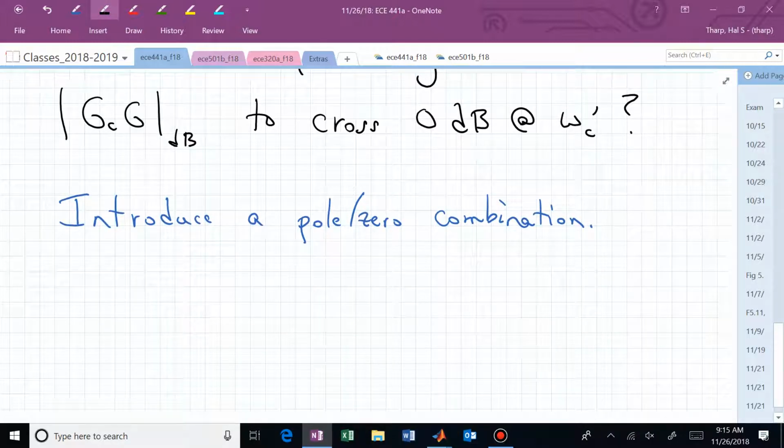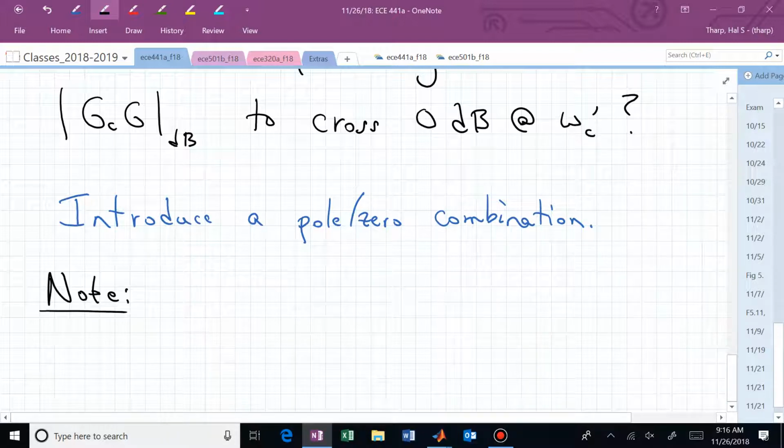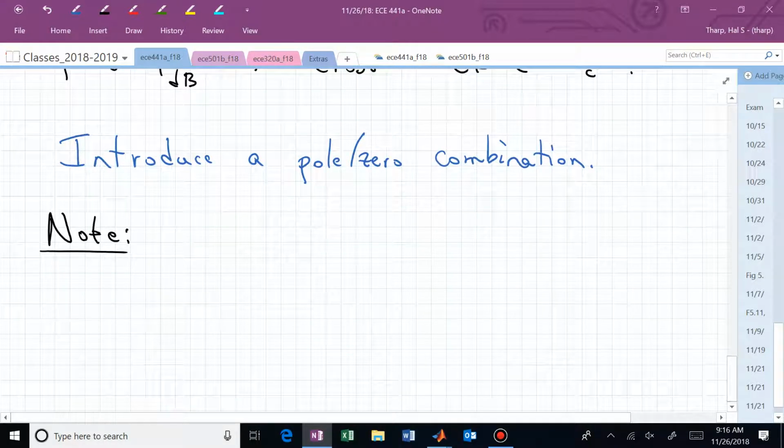And as we said, we wanted to make sure that where we located that pole and 0 was far enough or low enough in frequency to where the phase had pretty much done its course before it made it to omega sub C prime. We didn't want any more slop or adjustment of the phase. We kind of wanted to introduce the magnitude change low enough in frequency so that it didn't impact our phase curve much, because that's what we were hoping to achieve with omega sub C prime.